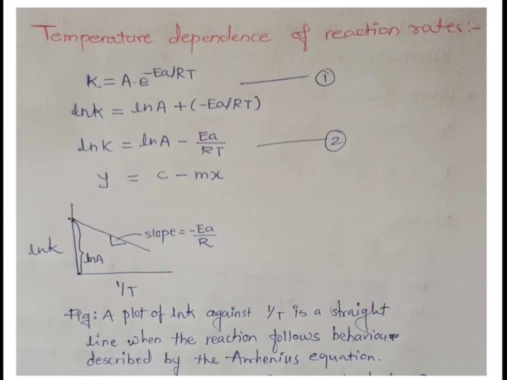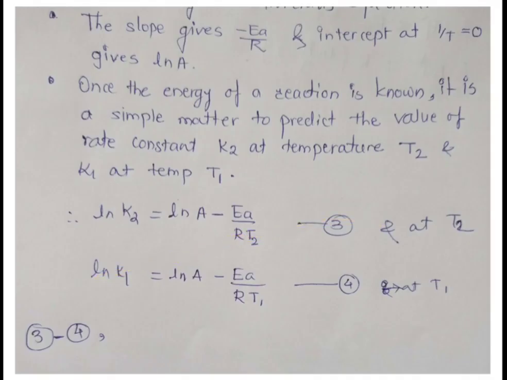From this plot we get the value of the slope. We know the R value, so from this we can easily calculate the energy of activation Ea. And when we know the value of Ea, we can easily find the rate constants k2 and k1.